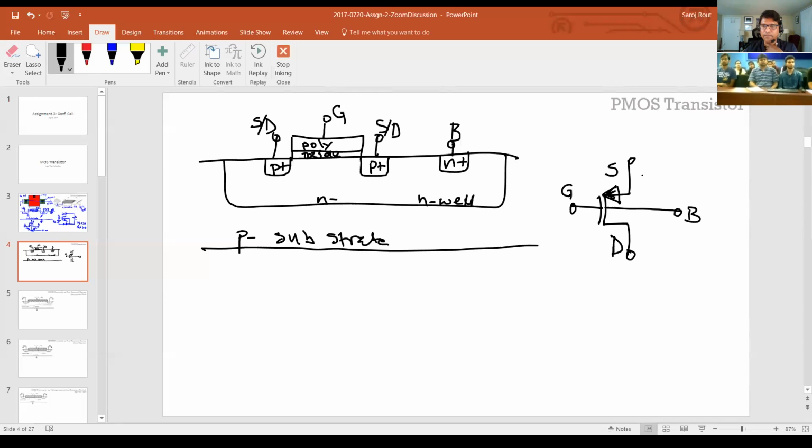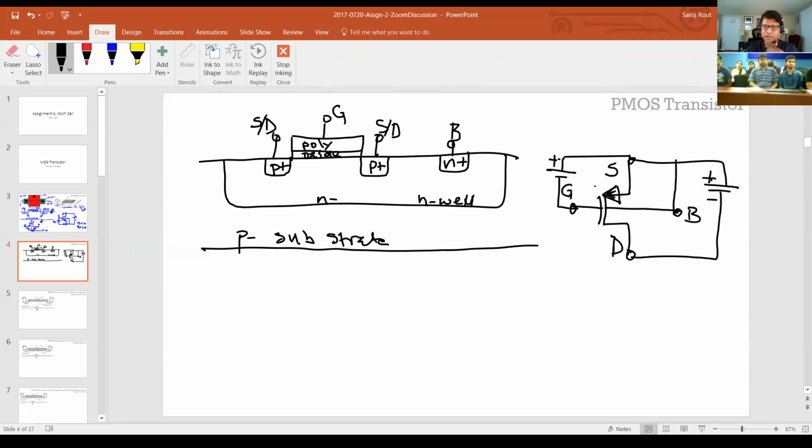Now with the PMOS, it's exactly the complementary of the NMOS. So the source needs to always be positively biased with respect to the drain. And the same way, the source also needs to be positive with respect to the gate. I'm sorry, the drain needs to be a positive bias.